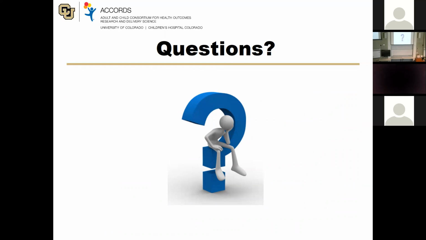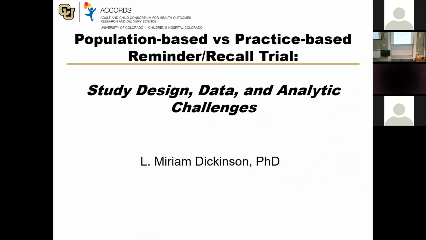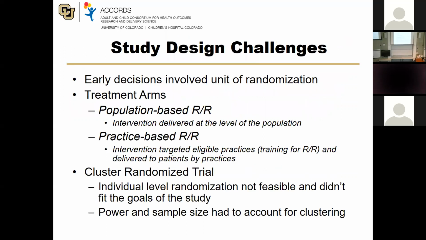All right, hi, I'm Miriam Dickinson, and I was the biostatistician for this trial. And basically, what I'd like to do is take the perspective of what are the decisions and the challenges that we had to make along the way as we were designing the trial, collecting the data, and then finally for analysis.